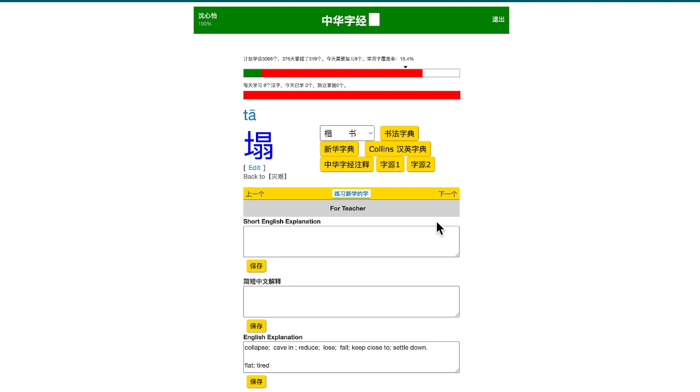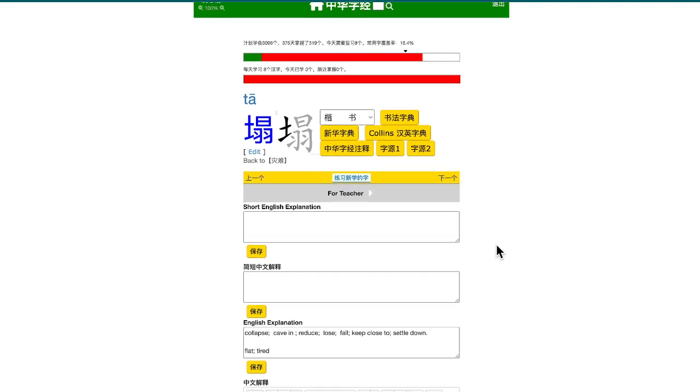Next one, ta. Now ta means collapse, some kind of structure that crumbles and falls to the ground. It should be an upright structure that goes very tall. When it crashes and crumbles, everything goes down and falls to the ground, becoming flat. That kind of thing is called ta.